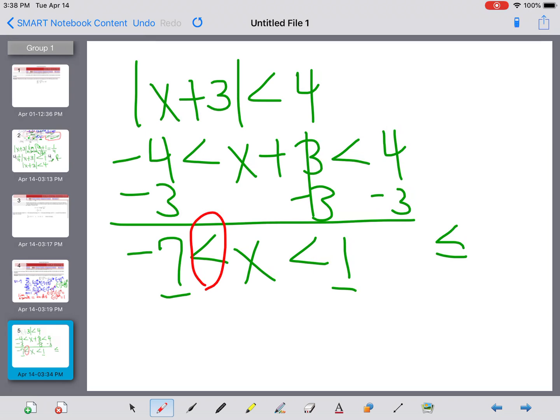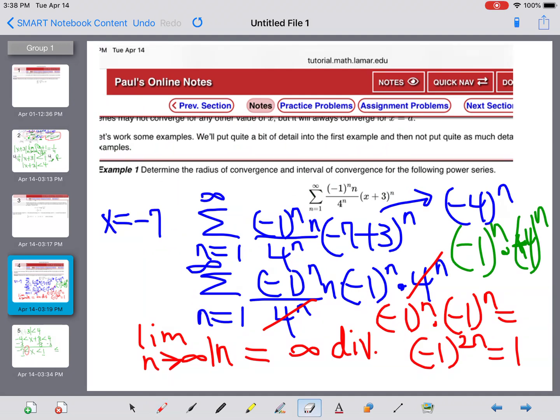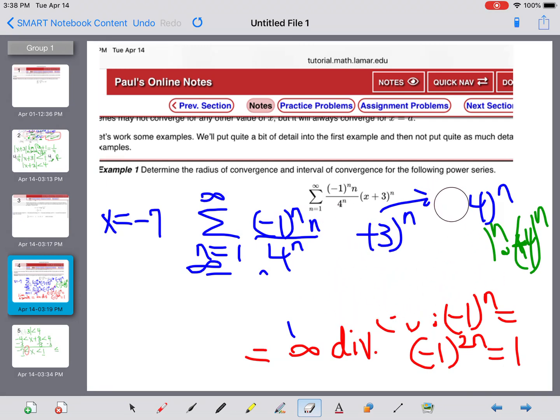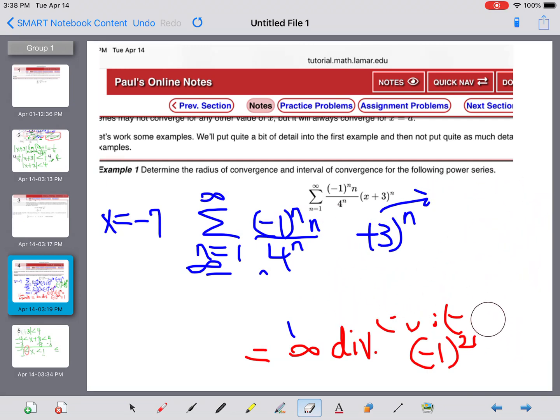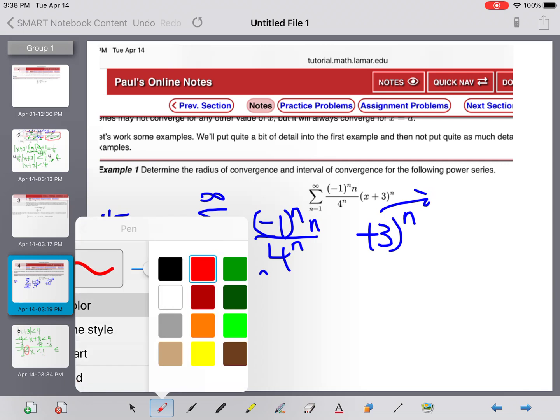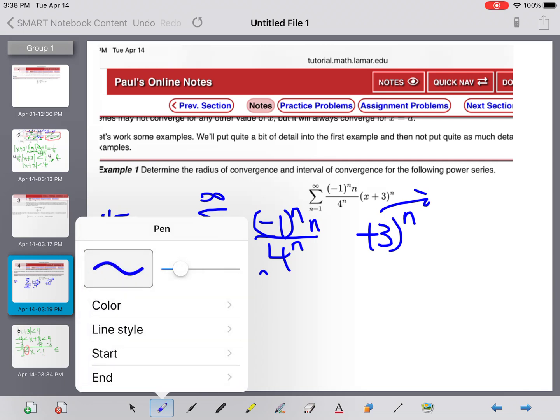Now let's test x equal to +1. And what I'm doing is, where I see an x in our power series, I'm going to plug in 1.